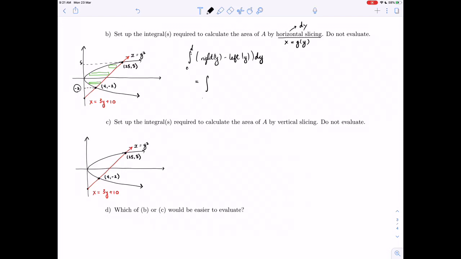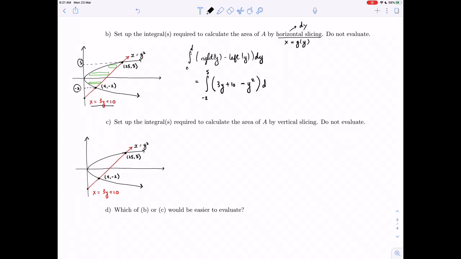So we have the integral from minus 2 to the upper value, which is 5, of the rightmost function, which is the straight line, so x is equal to 3y plus 10, minus the left function, and the left function is y squared.